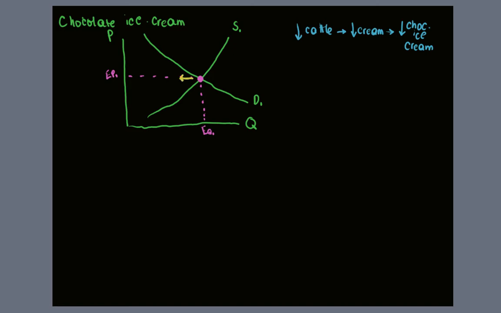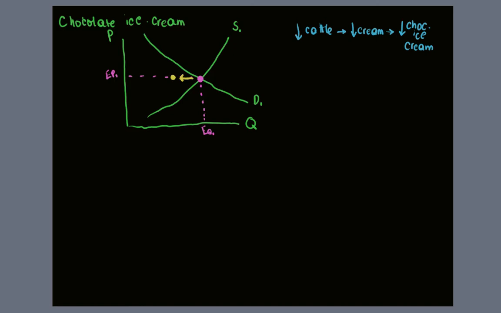There's a shift in the supply curve. And remember, this comes back to the lesson where we discussed the difference between shifts and movements in curves. This change is not originating from a change in the price of chocolate ice cream.